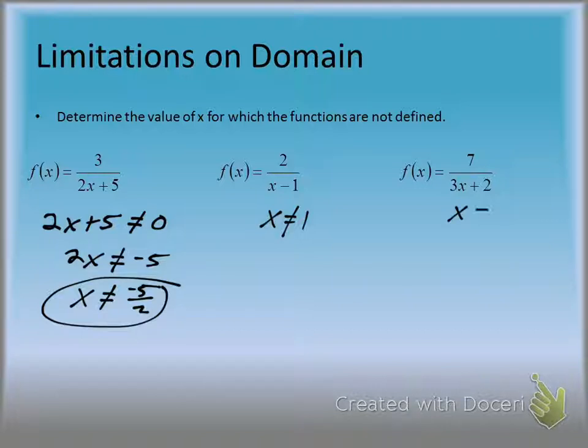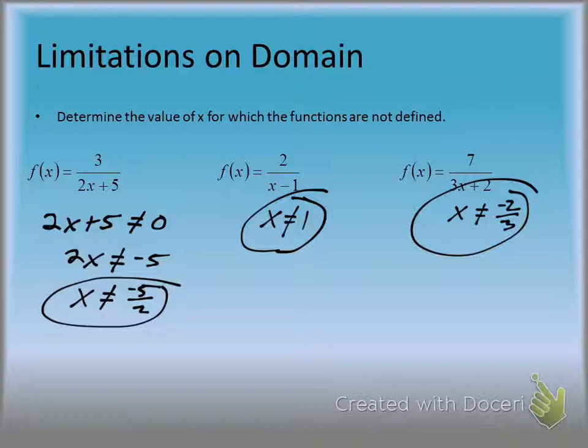Okay, hopefully you got x cannot equal negative 2/3. So this is how you do them algebraically. You just look at the denominator, and that tells you where the asymptote is for x. It tells you what number you can't put in, which is why there will be an asymptote there.